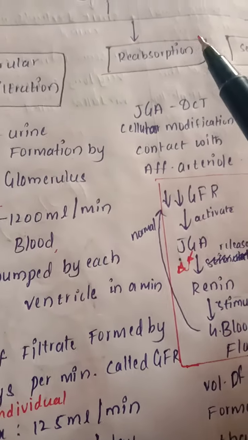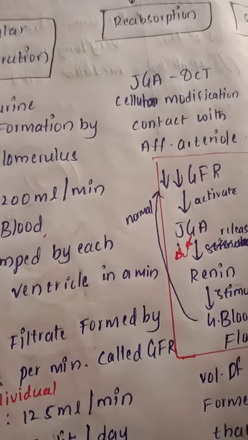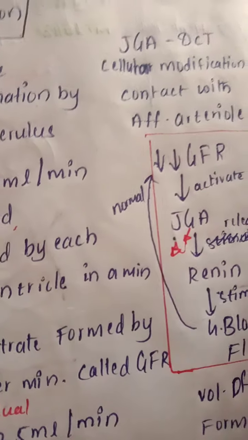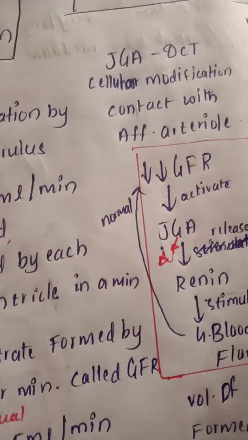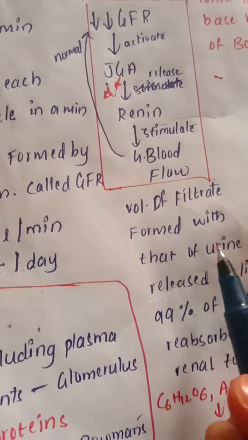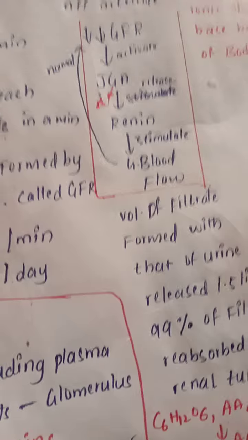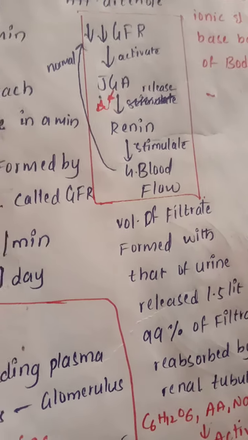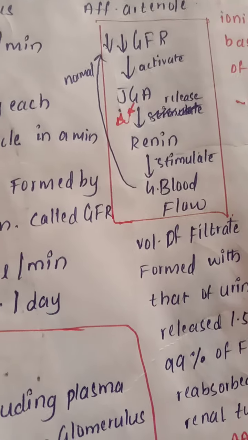Then what is the definition of reabsorption? Compare the volume of filtrate formed, 180 liters per day, with the urine released, 1.5 liters. So 99% of the filtrate is reabsorbed by the renal tubules.